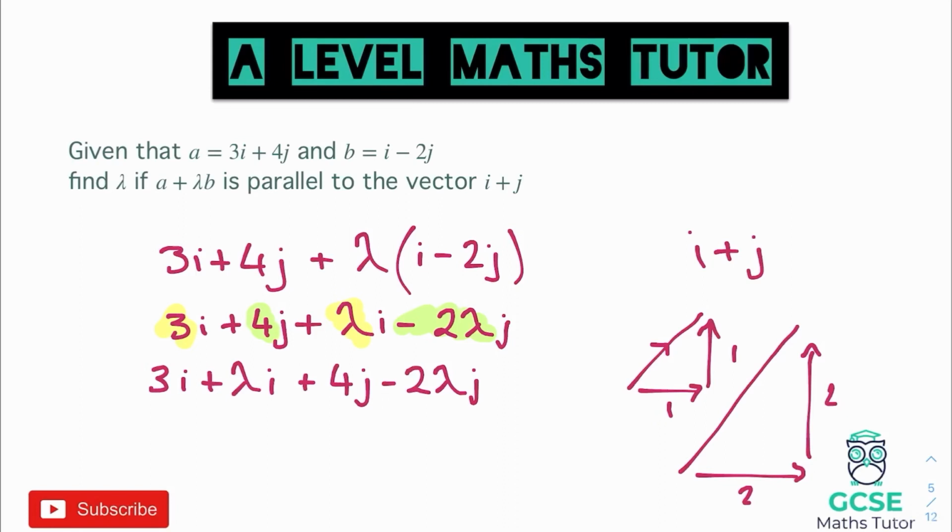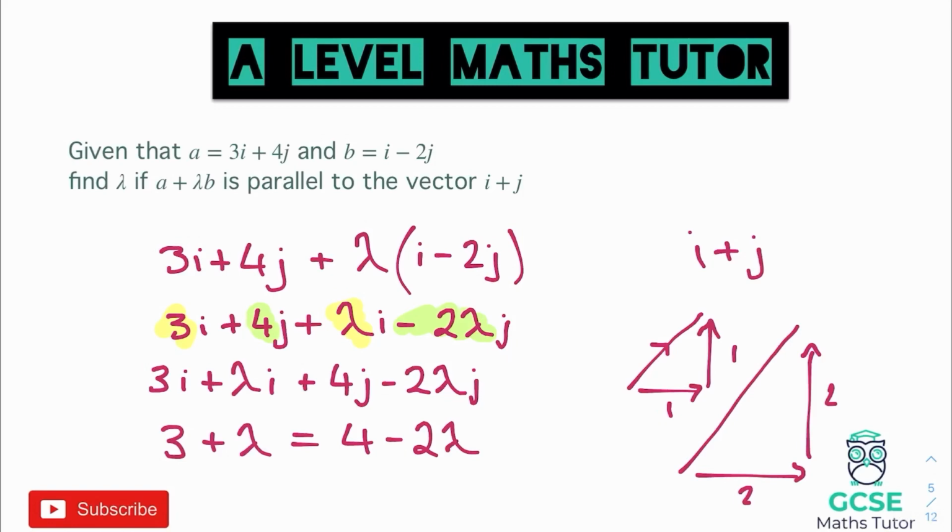They're called coefficients, so we're going to compare the coefficients of i and the coefficients of j and make sure that we can see what number is going to make them equal. So we're going to make a little equation here. The numbers in front of i, we've got 3 plus lambda, and that's got to be equal to the numbers in front of j, which is 4 minus 2 lambda.